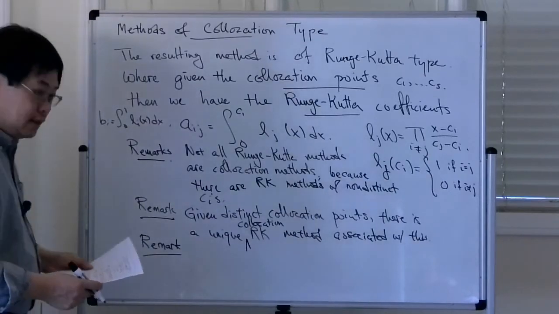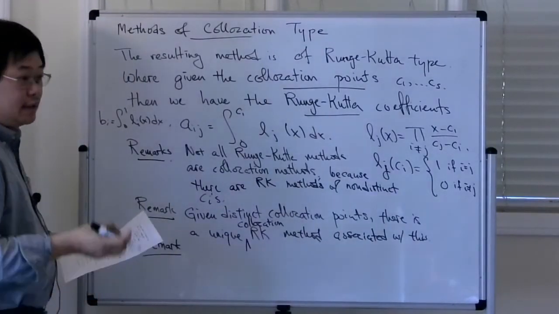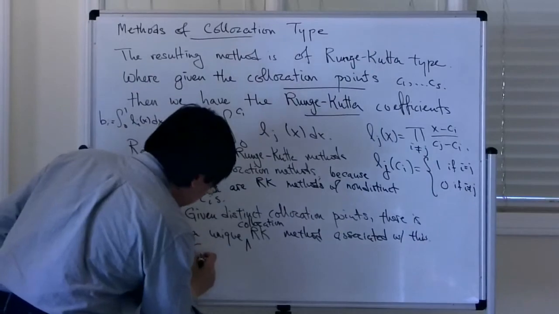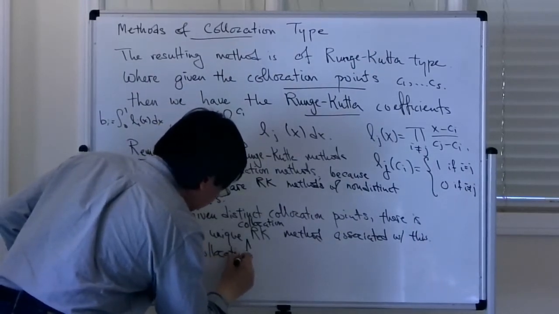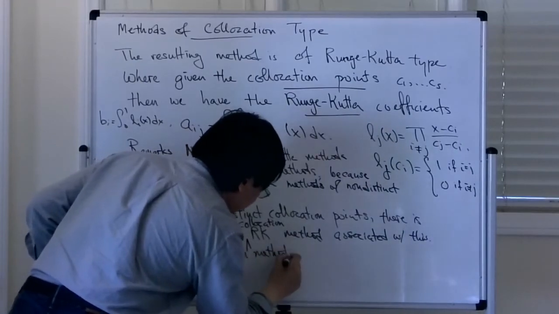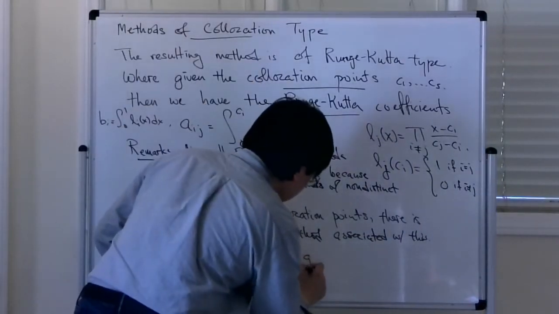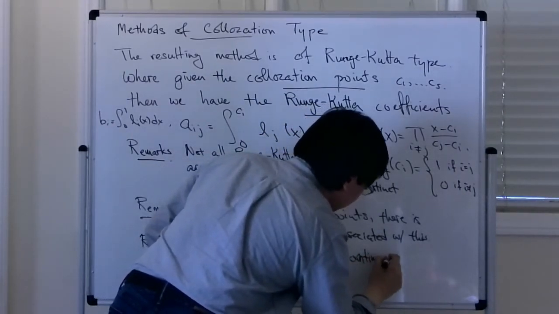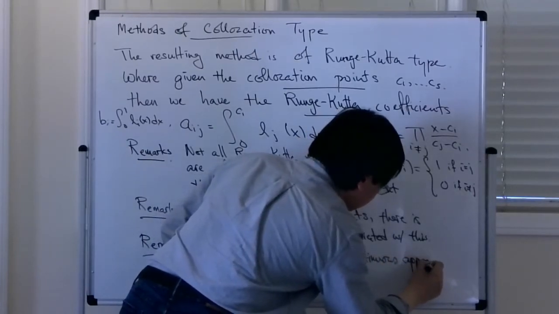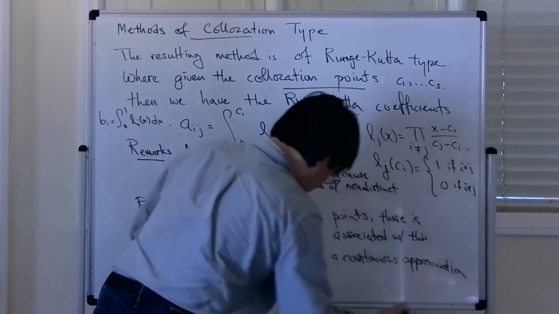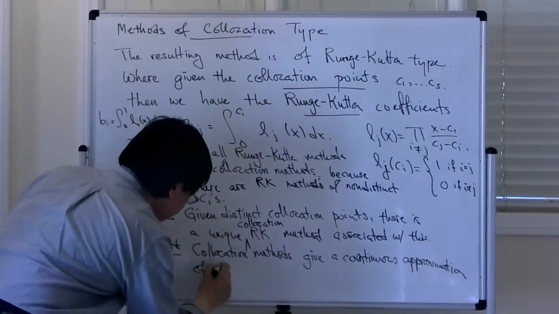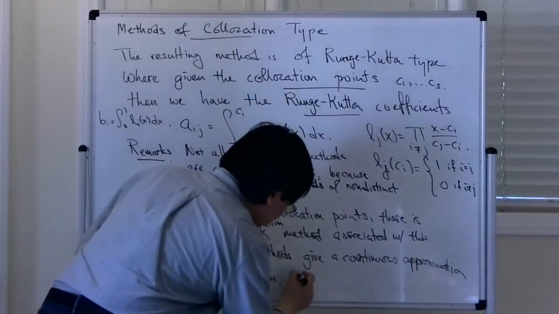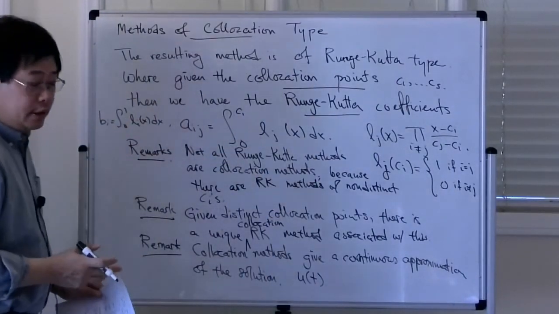So what this implies is that collocation methods give you a continuous approximation of the solution u(t) as well. So the continuous approximation is given by this u(t), which is the collocation polynomial.